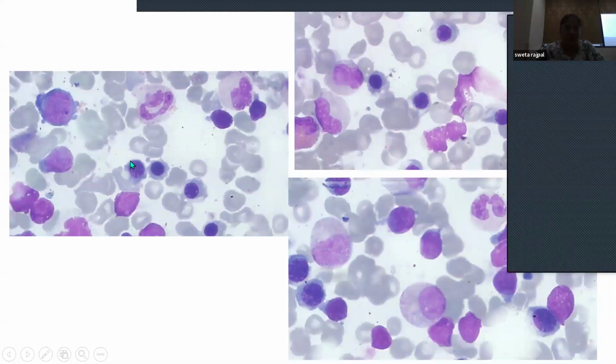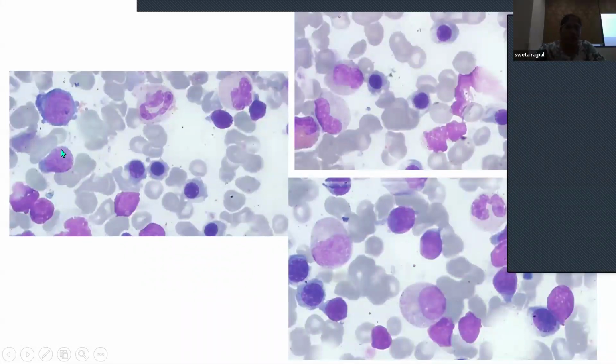There is polychromasia in the cytoplasm, a mixture of blue and red. This was completely blue, but here it is a little mix of red and blue. As these mature, they become like that. So these are the erythroid series.